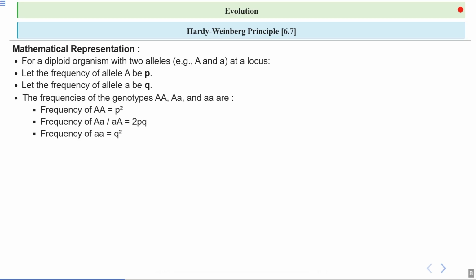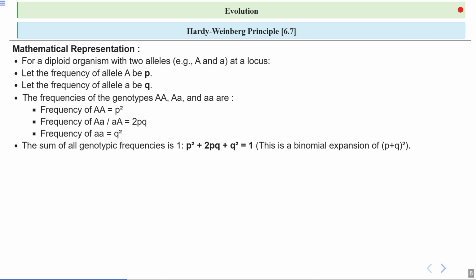Now the frequencies of the genotypes AA, Aa and aa are as follows. The frequency of AA will be P square. The frequency of Aa or aA will be 2PQ. That's why we write 2PQ: there can be two combinations, A and small a, and small a and A. And the last, the frequency of aa, is Q square. Clear?